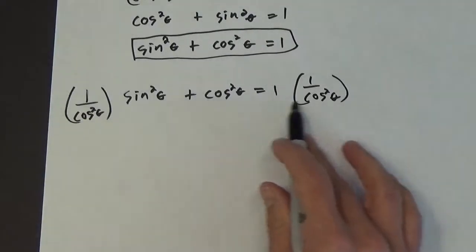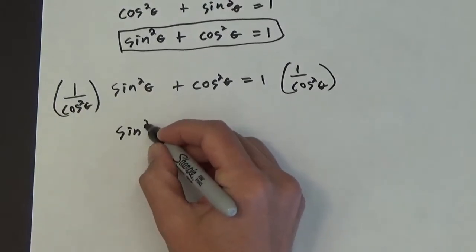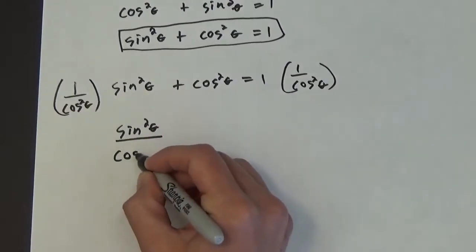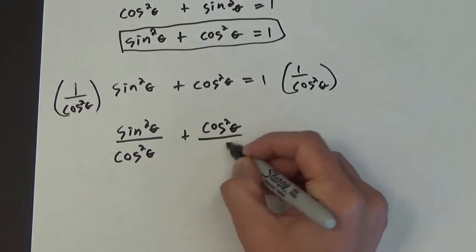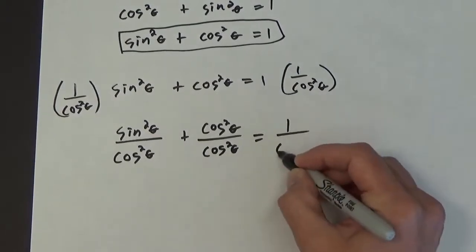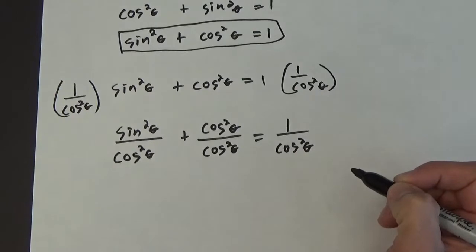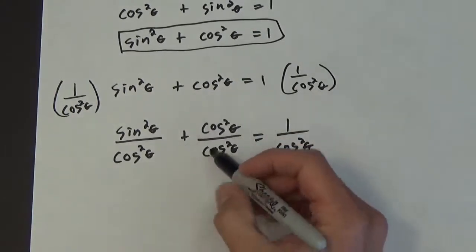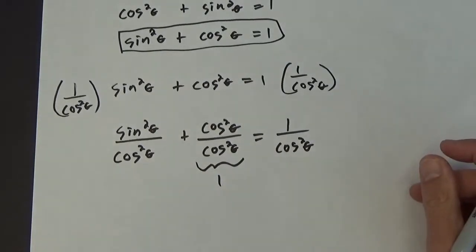When we distribute this 1 over cosine squared of theta, we have the sine squared of theta over the cosine squared of theta plus the cosine squared of theta over the cosine squared of theta equals 1 over the cosine squared of theta. This one's easy enough: cosine squared over cosine squared is just 1.